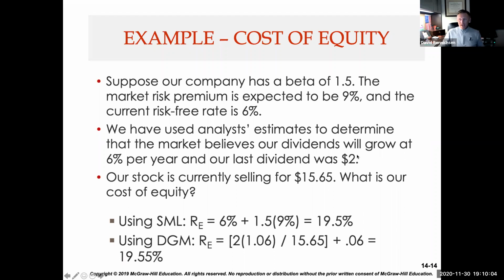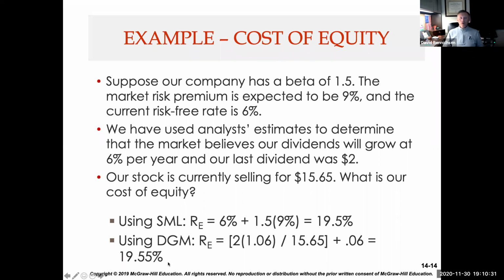We just got paid $2, and it's got to grow at 6%. So D1 is $2 times 1.06. Got to grow it. Divided by our current price, so that's the dividend yield, plus the capital gains yield of 6%. So our total expected return using the DGM is 19.55%.